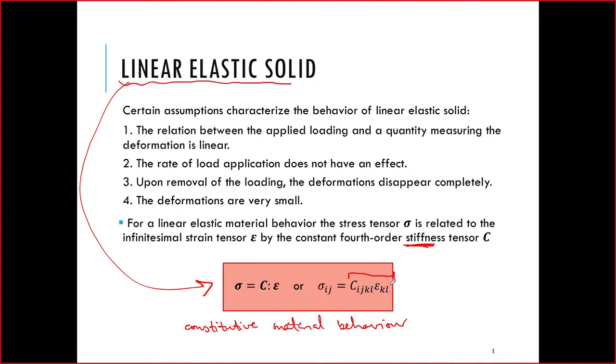K and L are both dummies, and as you can see, that is a double inner product, then I get my sigma ij. You're welcome to check it. K and L both disappear, they're the dummies, and only ij are left. So this is consistent index notation wise.